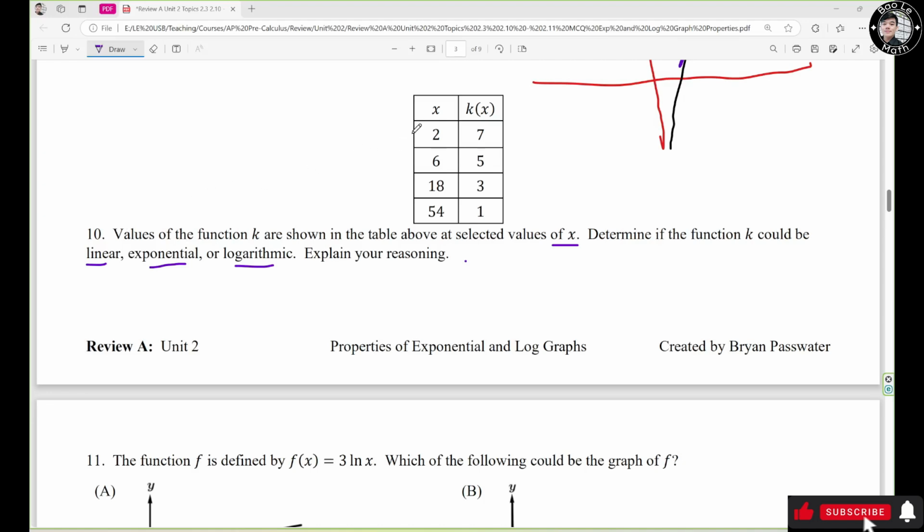change in y, right? Now, in order to get 6 from 2, we need to multiply by 3, right? This one multiply by 3, this one multiply by 3. The change in y is you need to add negative 2, right? This one add negative 2.